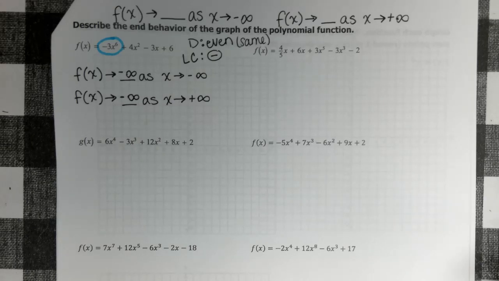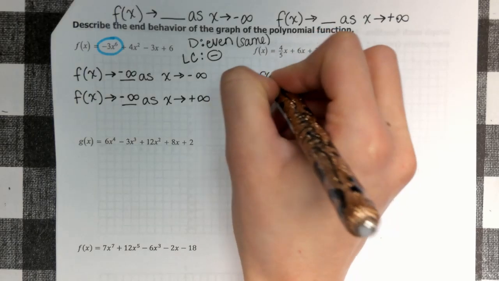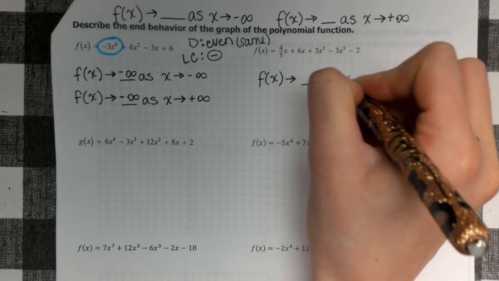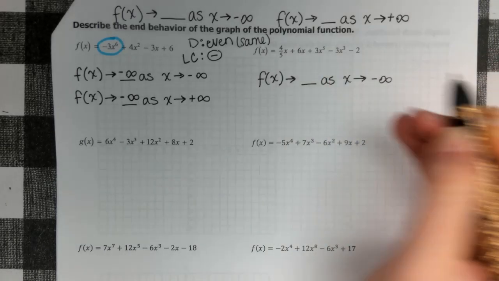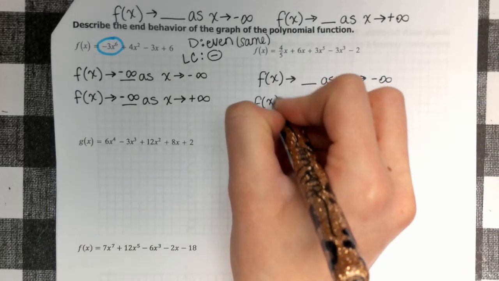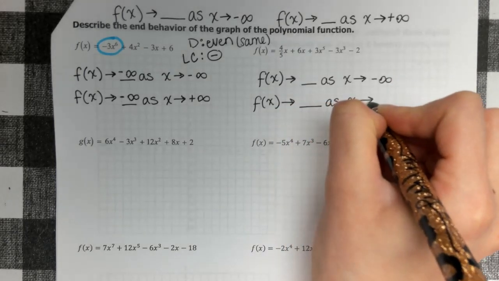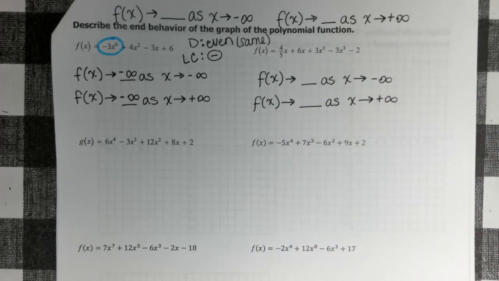Okay, so then the next one. F of x approaches blank as x approaches negative infinity, and f of x approaches blank as x approaches positive infinity. Make sure you do your negative infinity first, because then your positive infinity, you know that's where you're ending.